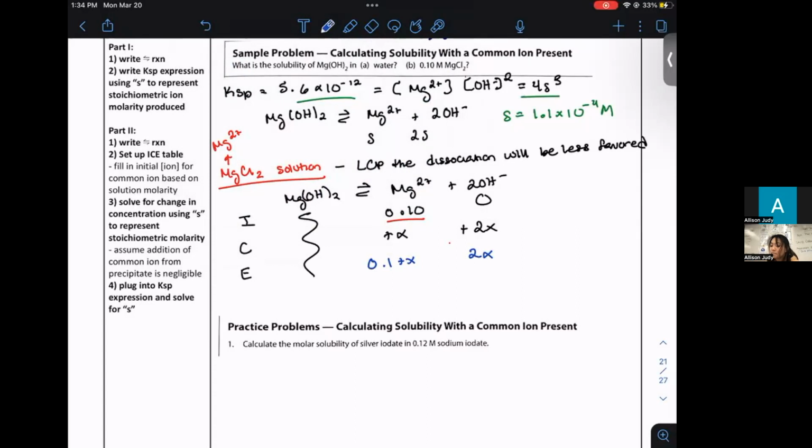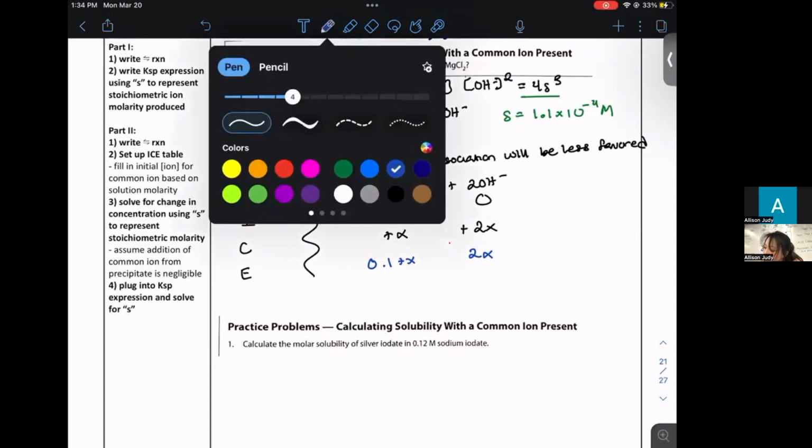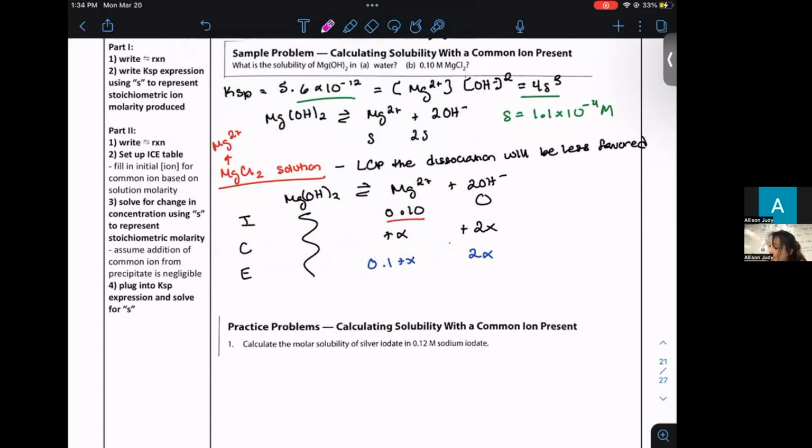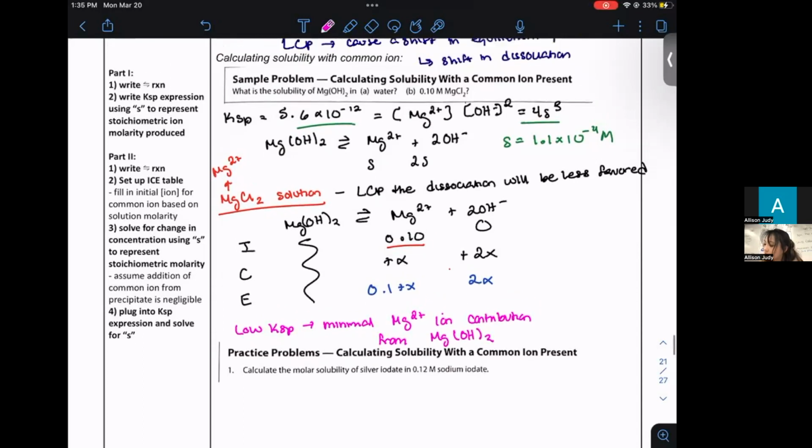Now, the truth of the matter is, looking at the KSP, this is a very low KSP. The low KSP indicates to us that there is minimal Mg2 plus ion contribution from the solid.